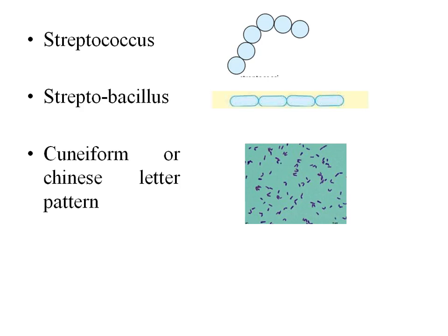Similarly, if bacilli are arranged in chains, they are called streptobacillus. If the bacilli are arranged either in parallel or in X, V or L forms, they are called the cuneiform arrangement or the Chinese letter pattern of arrangement.